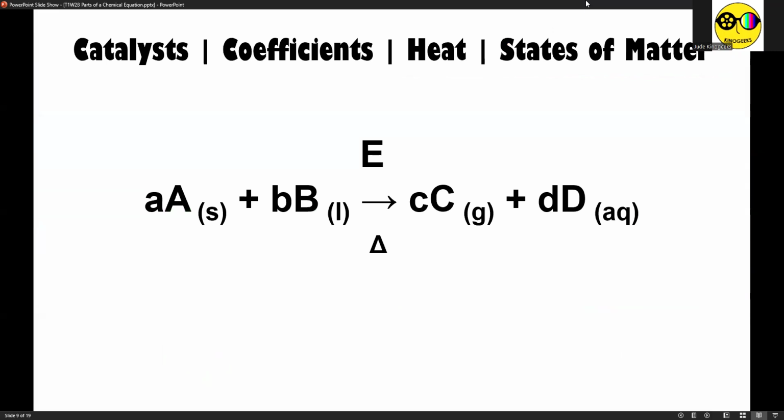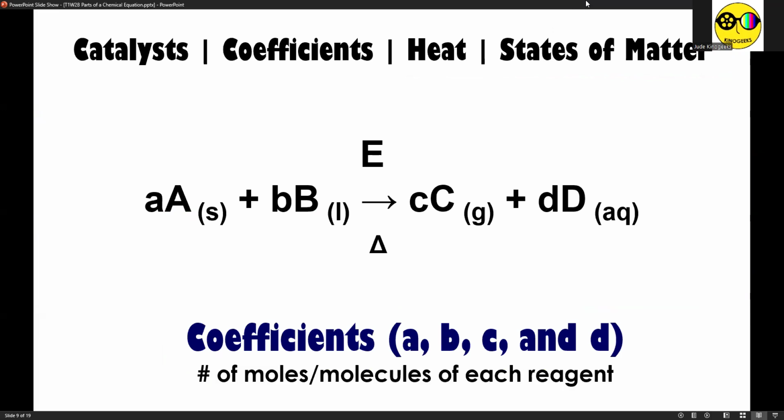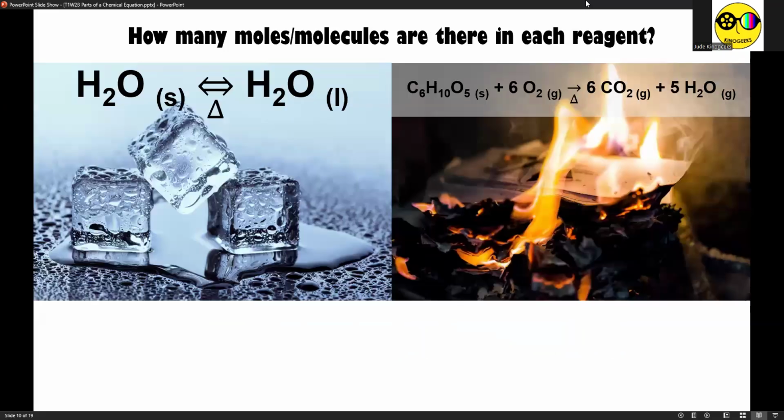Okay, next, our next part has something to do with the small a, b, c, and d, and we will call them coefficients. When we say coefficients, they refer to the number of moles or molecules of each reagent. For vocabulary purposes, we'll be using moles most of the time. So how many moles or molecules are there in each reagent?